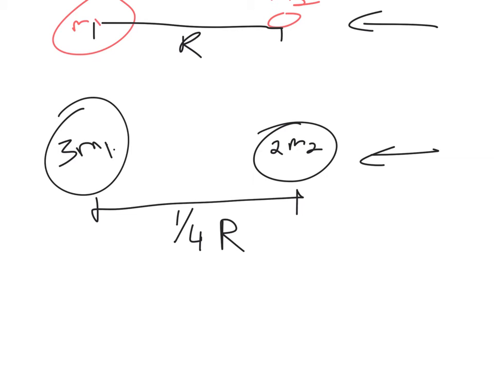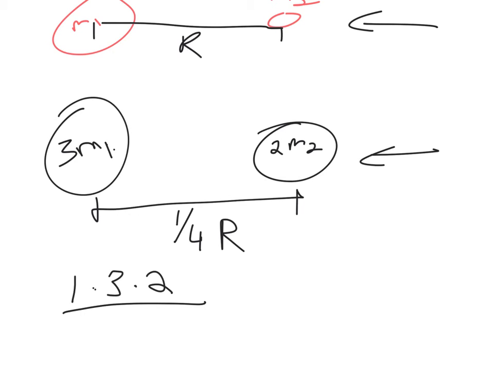So the capital G, the universal gravitational constant, did not change at all. It is still exactly the same, so I'm going to call it 1. From start to finish, we multiplied it by 1. It stayed the same. Mass 1 got multiplied by 3. It is 3 times as big now. And mass 2 got multiplied by 2. It doubled.